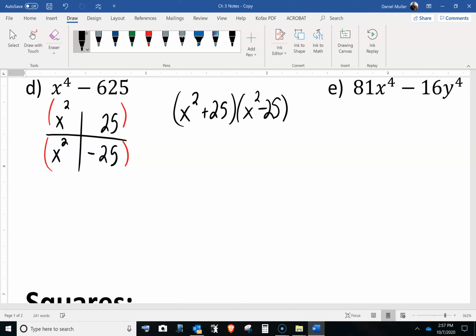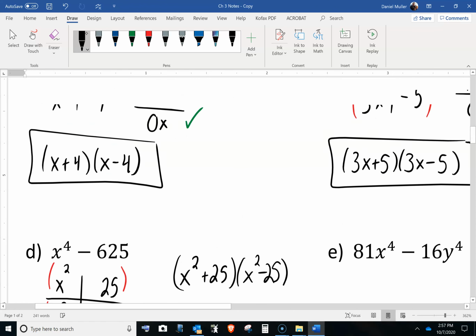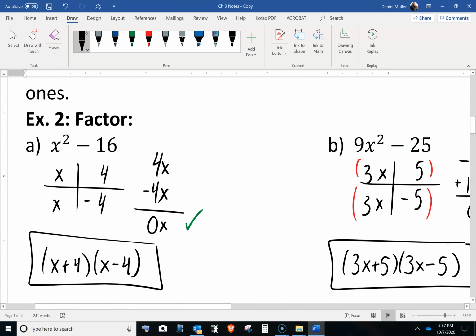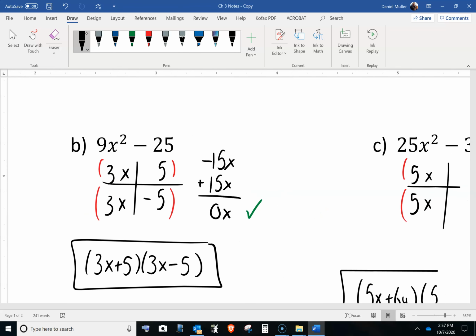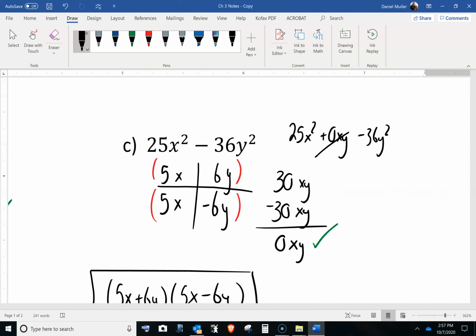So one of the things that I notice here when I'm doing all of these is I think to myself, hey, 16, that's a perfect number. That can be 4 times 4. Oh, 9's a perfect number, 3 times 3. 25 is perfect, 5 times 5. 36 is perfect, 6 times 6.